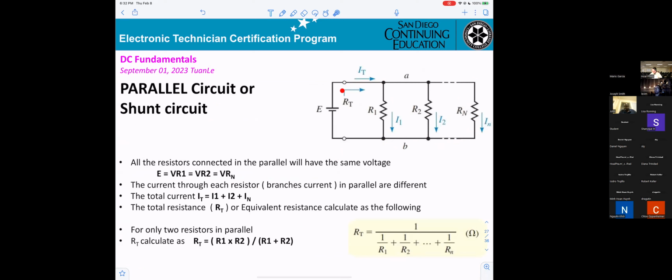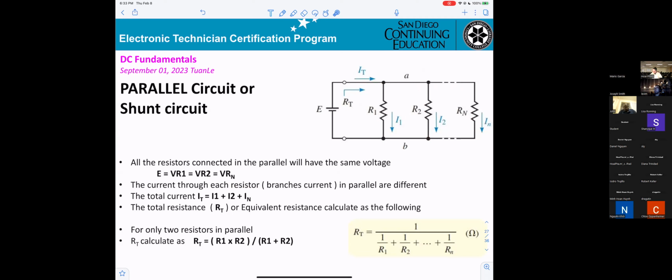If you have a total current flowing here, when it gets to this point, one goes down, one goes this way, and so on. That means the total current equals I1 plus I2 or plus In. Everything is summarized here.